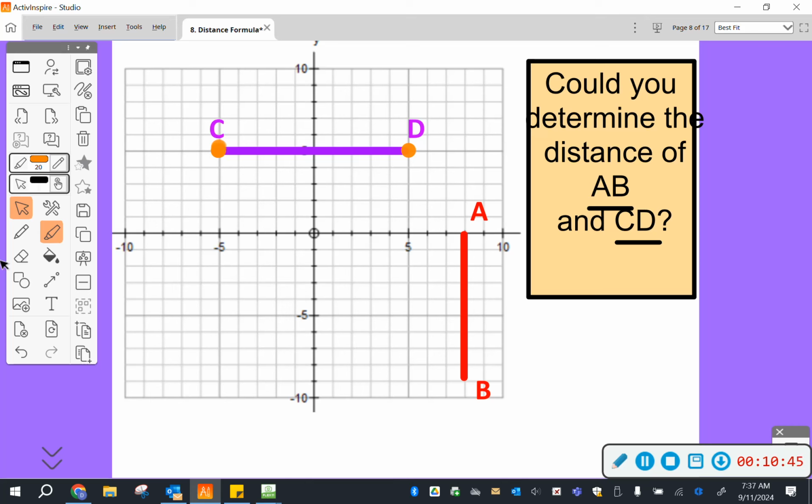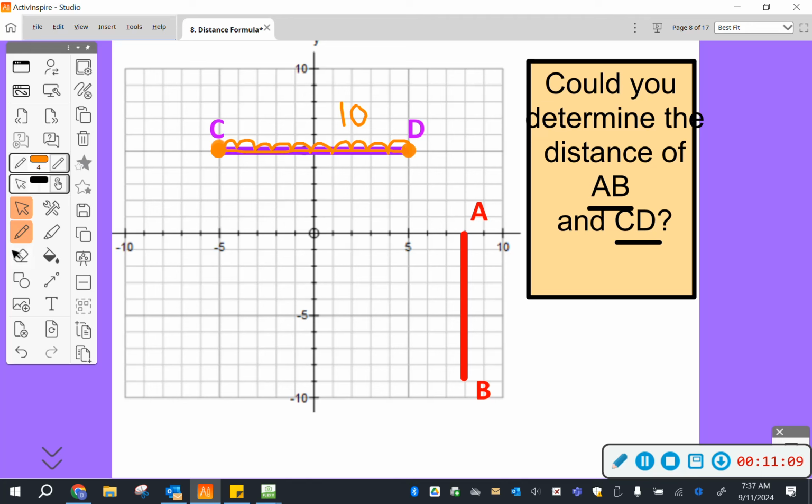You could still count it, right? 1, 2, 3, 4, 5, 6, 7, 8, 9, 10. Do you agree the distance from C to D is 10? If you have a line that's straight across, you can just count it.